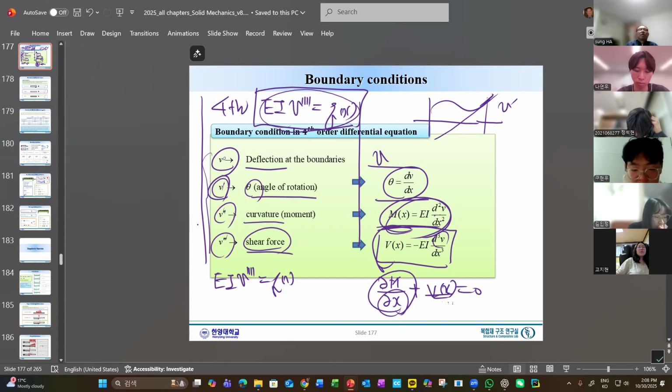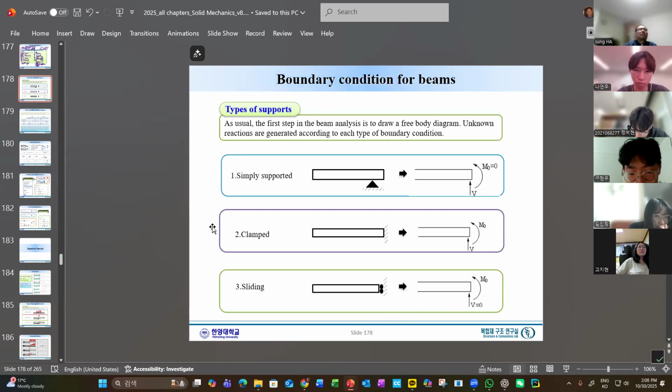Now, simple support like this: V is unknown, we don't know the shear force.